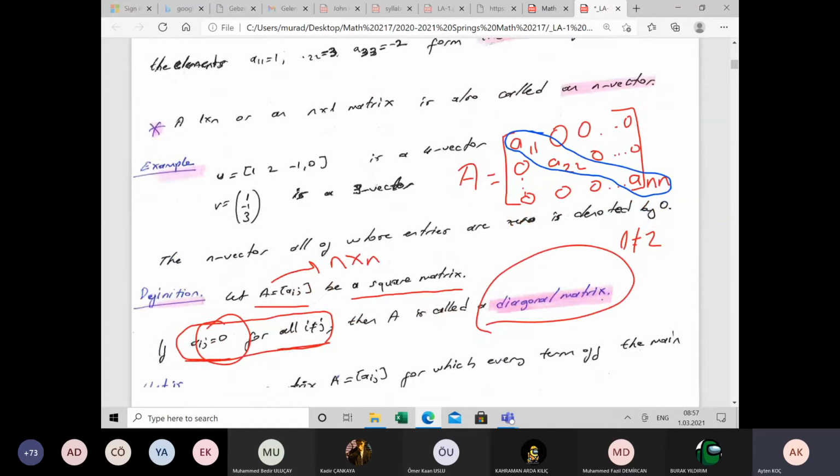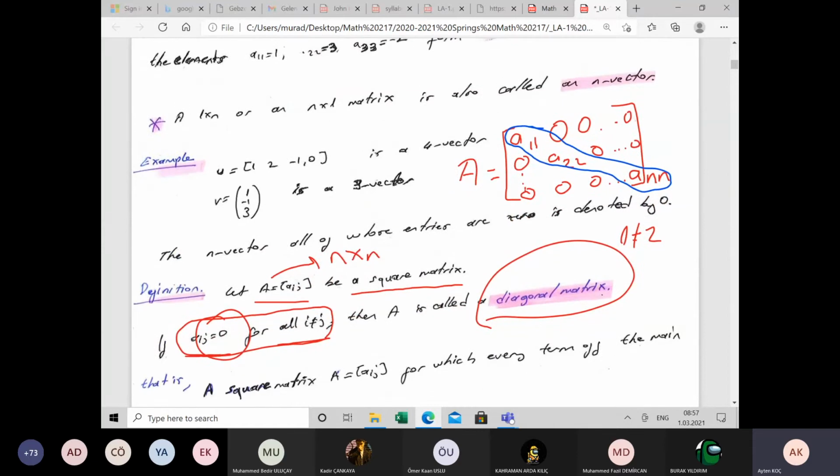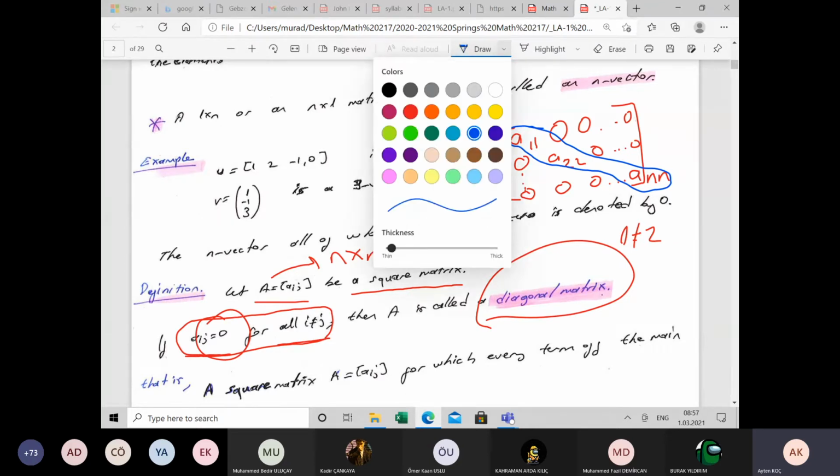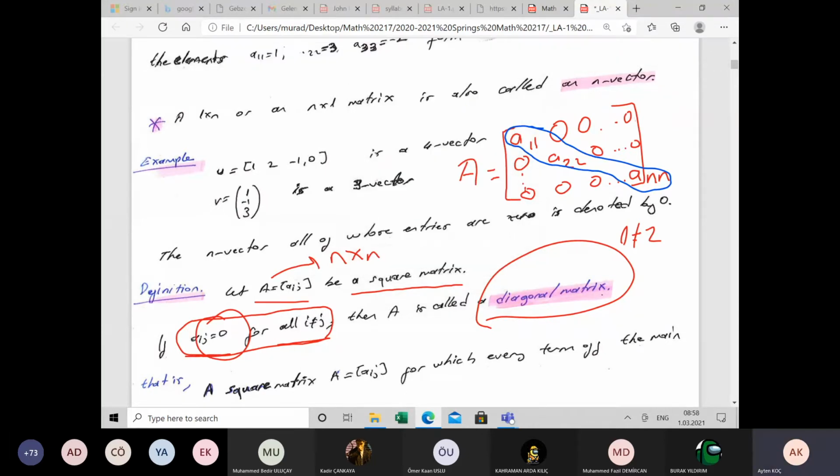Sorry, this one. The matrix is square. Look at this part, the main diagonal entries. Let's use a different color, it will be better. Look at this part. This part is 0, and this part is 0. So our matrix is in this form: the diagonal entries A sub 1,1, 2,2, and A sub n,n. This part is 0, this part is 0.